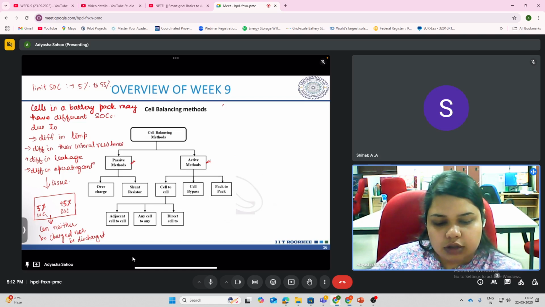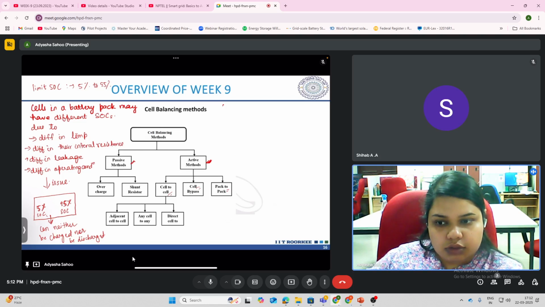In the active method, we transfer the SOCs between the cells. If there are three, four cells, they transfer the SOCs between them to achieve equal SOCs among them. This active method can be cell to cell, cell to bypass, or pack to pack, from a battery pack to another battery pack.